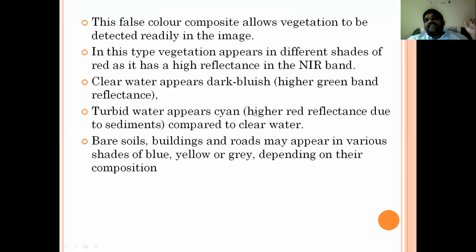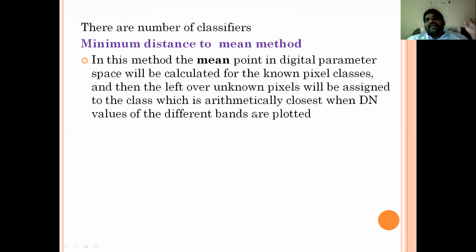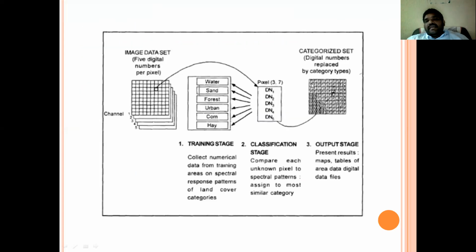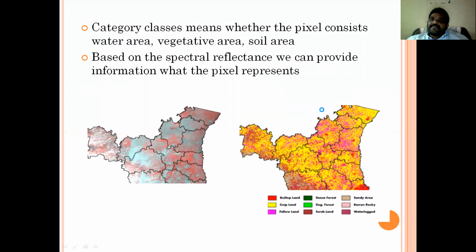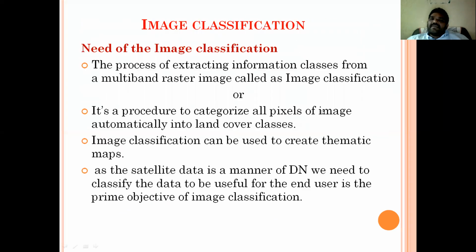How can you represent? Have a look here like this. Here is a number, but here it is in a forest class, and here is a water class, and somewhere soil classes. That means urban classes. So what is image classification?